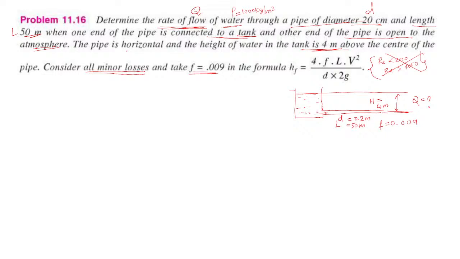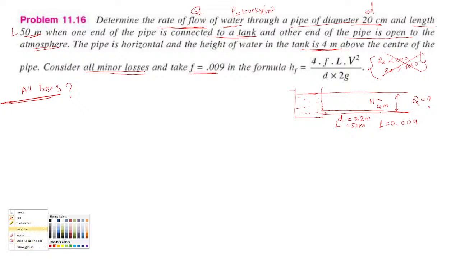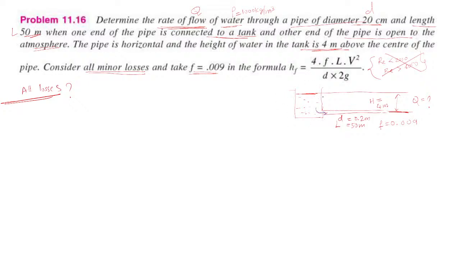Before proceeding, how to find all losses? First, the important part is to identify what are the different losses that are happening. One loss is when the flow is entering over here, from the tank to this pipe, the inlet, the entrance of it.